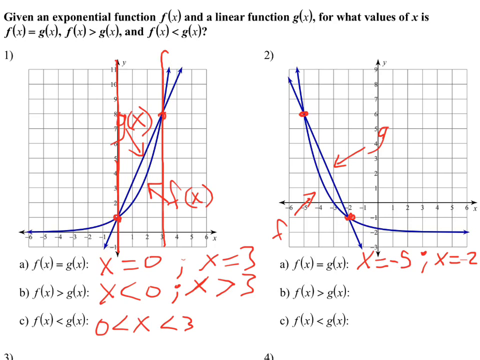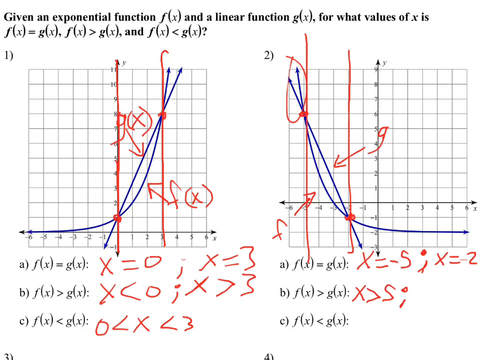And if you notice, we use those numbers in all our answers here. We need to now figure out where the exponential is higher up than the linear. Well, if you look over here on the right side, I'm going to split this into the 3 parts again. On the right side, notice how the curved one is up above.